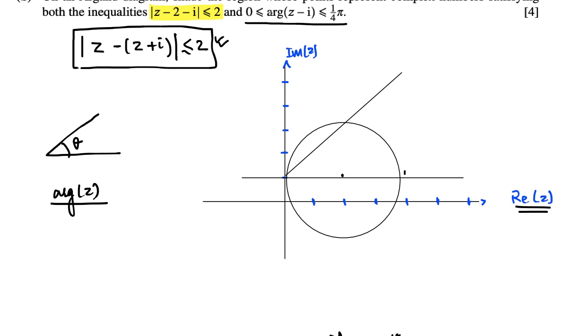Now in this case the argument is more than 0 and less than pi by 4, which means this is more than 0, this is less than pi by 4. So the common region for both of these would be this area, this part, this region would be shaded.